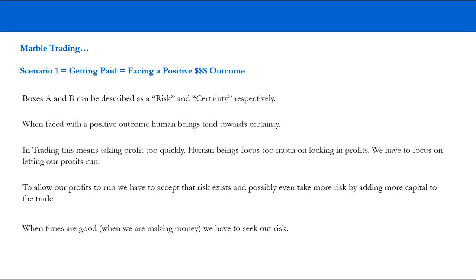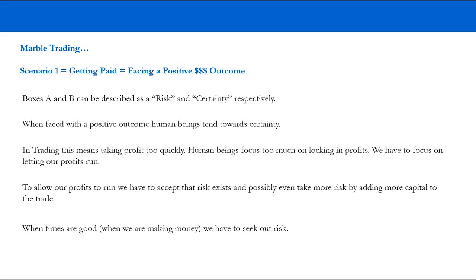If there were bigger numbers involved, it would become more and more apparent. So if we take risk when getting paid, we make more than if we choose no risk when getting paid. And as stated, in trading this means taking profit too quickly.